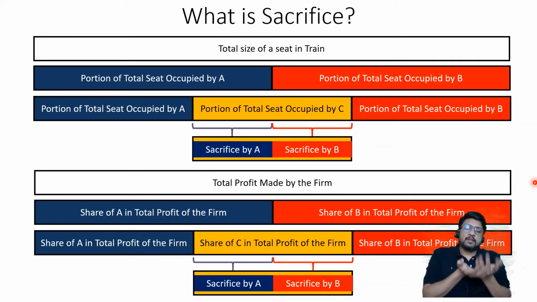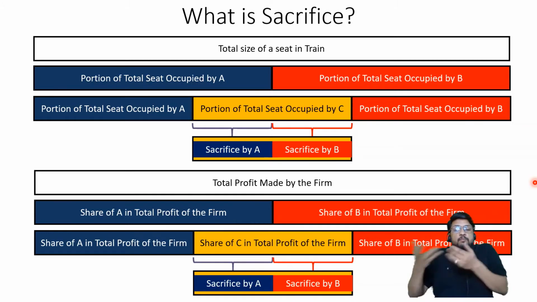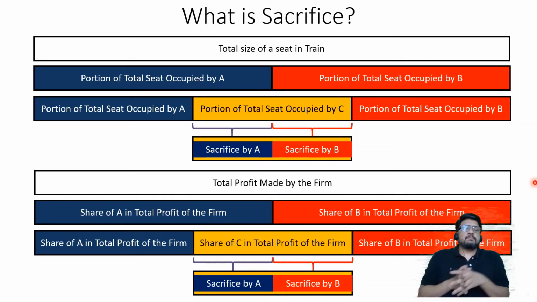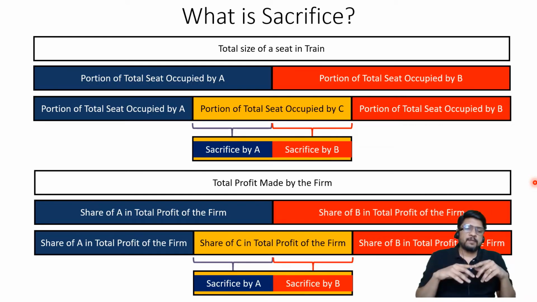Or there is a chance that A will specify C is my friend, so I am ready to give more space to him out of my area of the seat. And B may not give, or may give, that is a different story. So there is no compulsion that A and B must always sacrifice equally for the new partner.